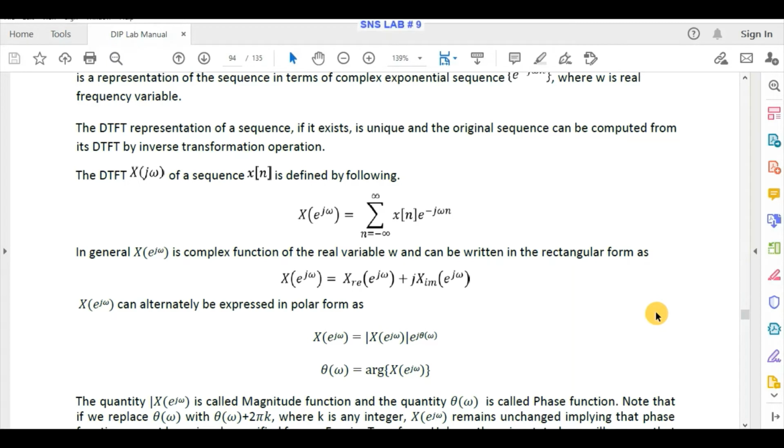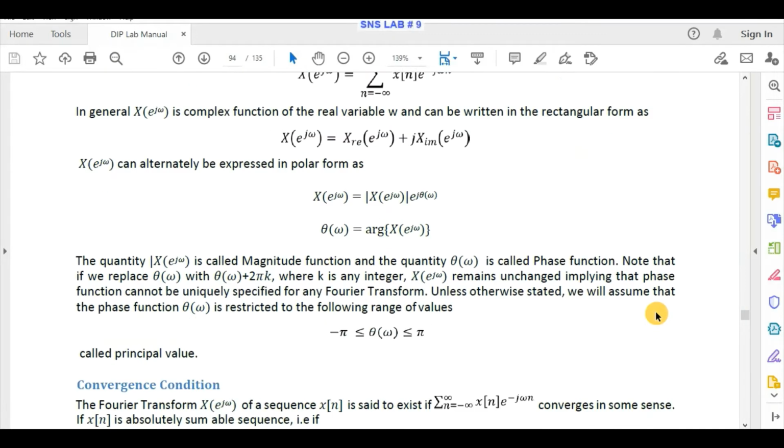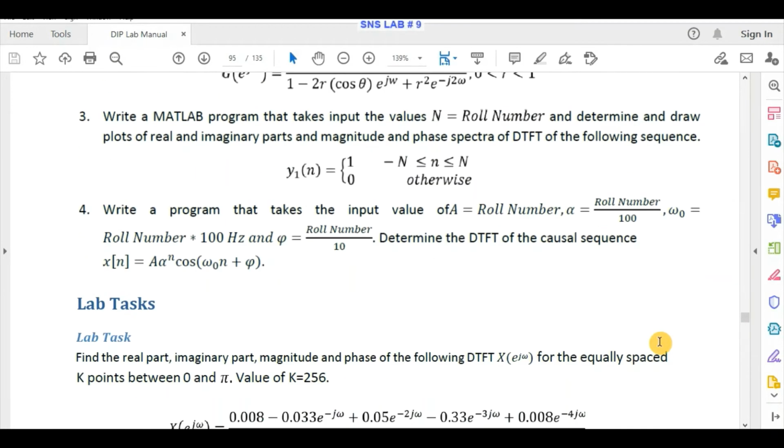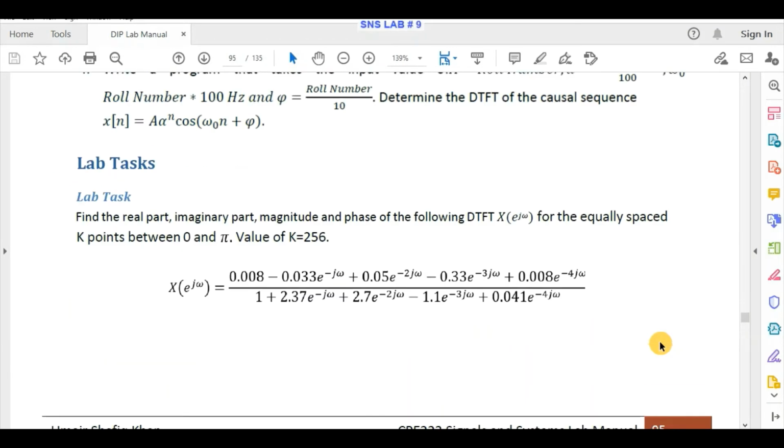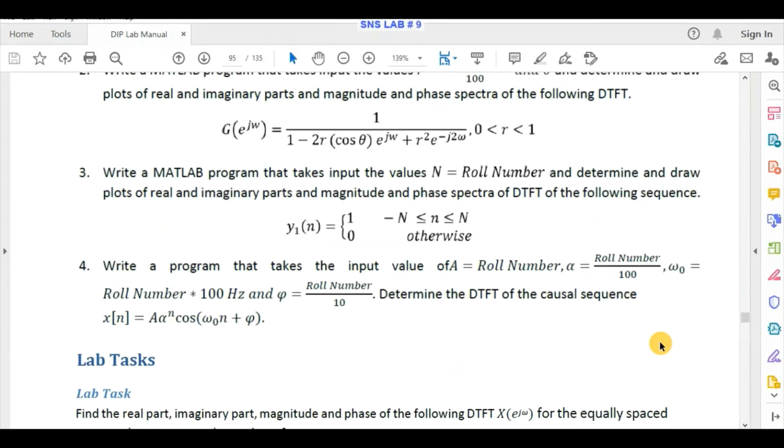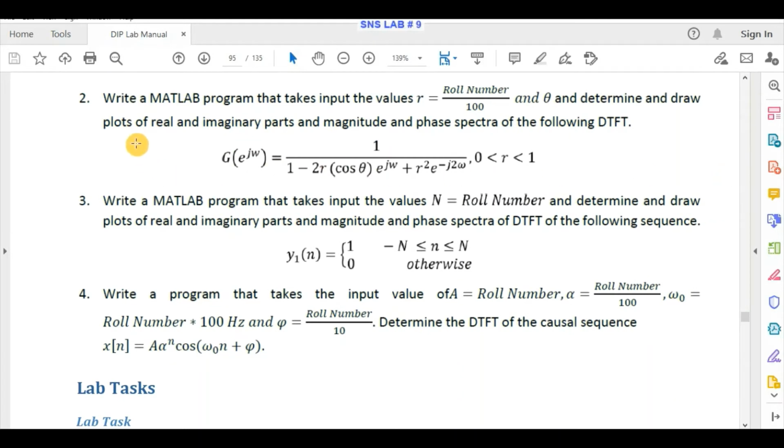Now we will code a simple signal to understand DTFT in MATLAB. If we go through a question, here: write a MATLAB program that takes as input the value r equal to roll number over 100. So you can put your roll number in here and divide it by 100, and theta.